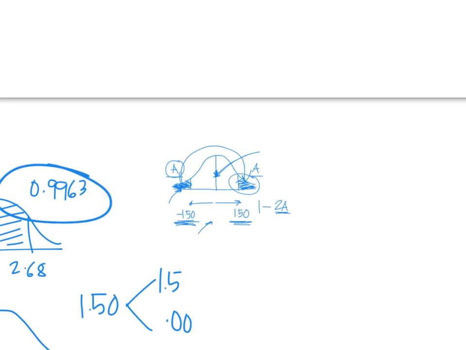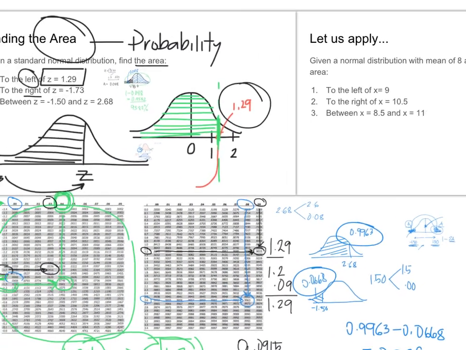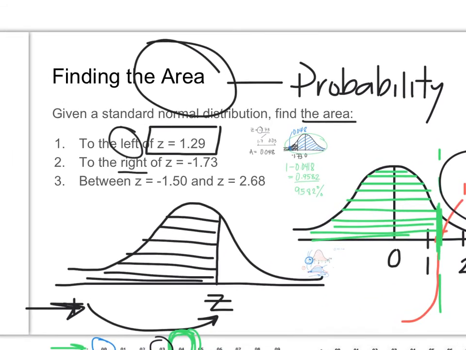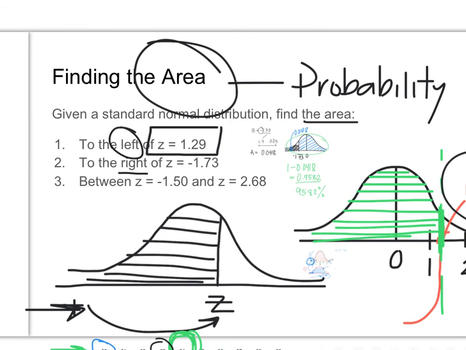To summarize what we have covered here, we tried to answer a question on finding the area given the z-scores. In the next video, I'm going to show you how to find the area if we start with an x value or x values instead of a z.